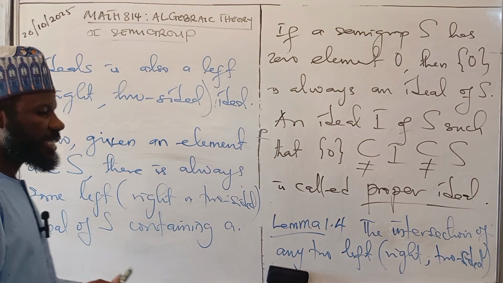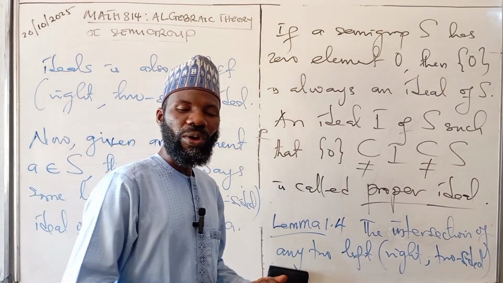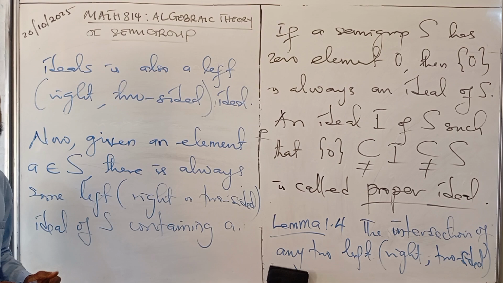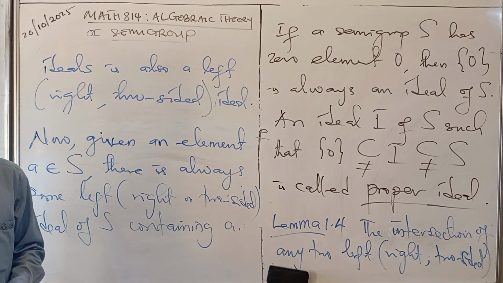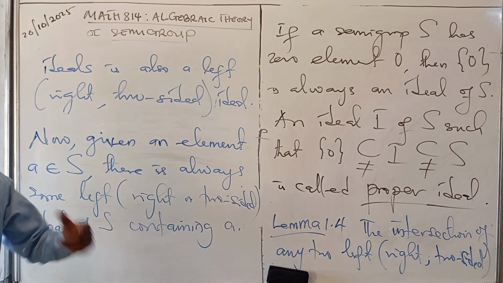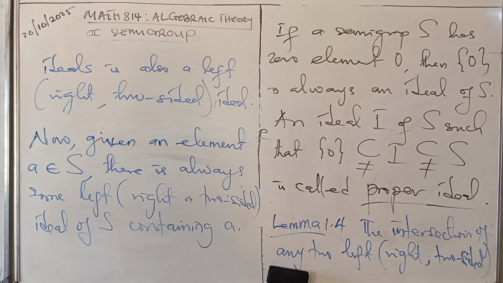So which means I can speak of the collection of all left ideals, or all right ideals, or all two-sided ideals of S containing A. And among members of that collection, S will be there, the entire semigroup. Okay?